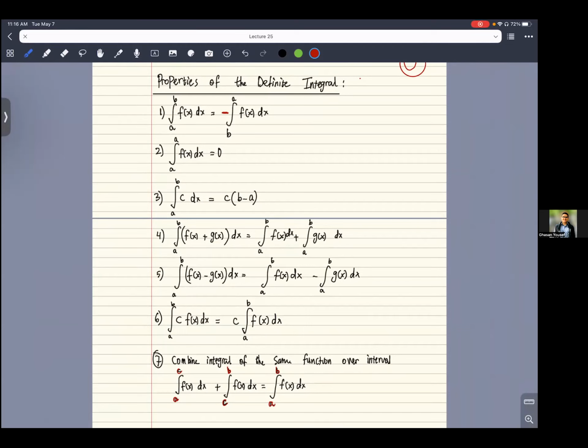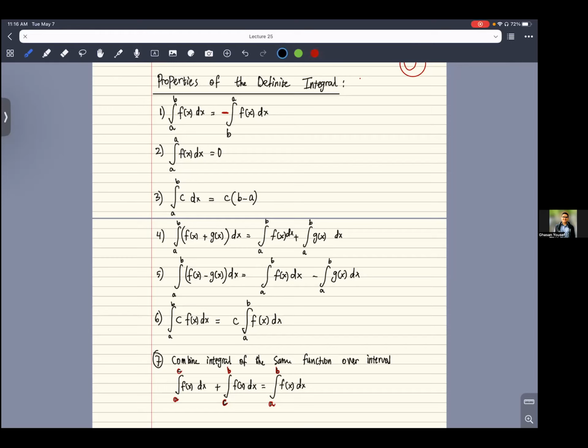Any question before I move to the next example? C is just a point within the interval? No, C is a point, inside the interval or outside, it doesn't matter. It's a real number.